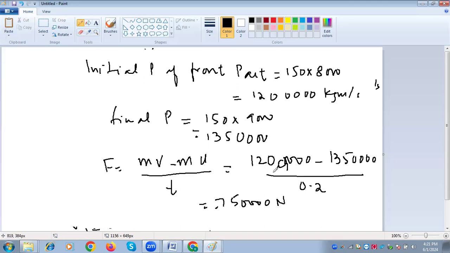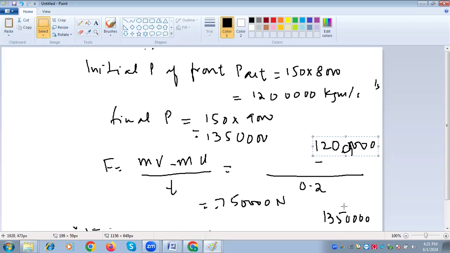Minus y minus is coming because I have written initial momentum here. So if I write the right way, this will be positive. Okay, so answer is positive. Okay, now this is done.